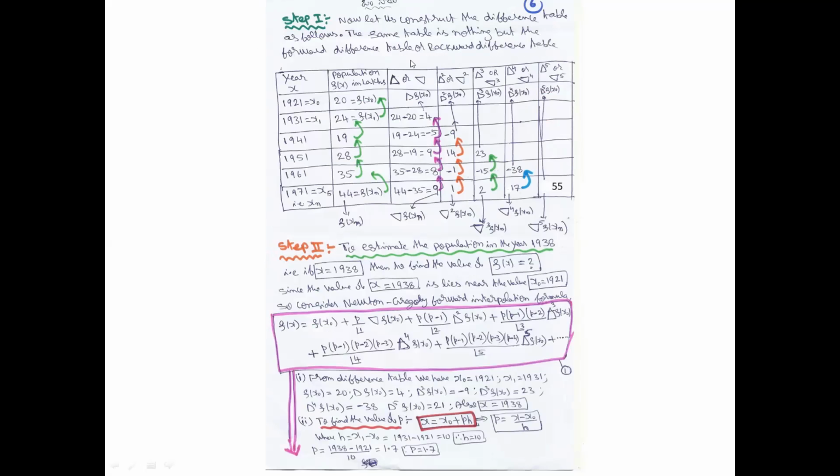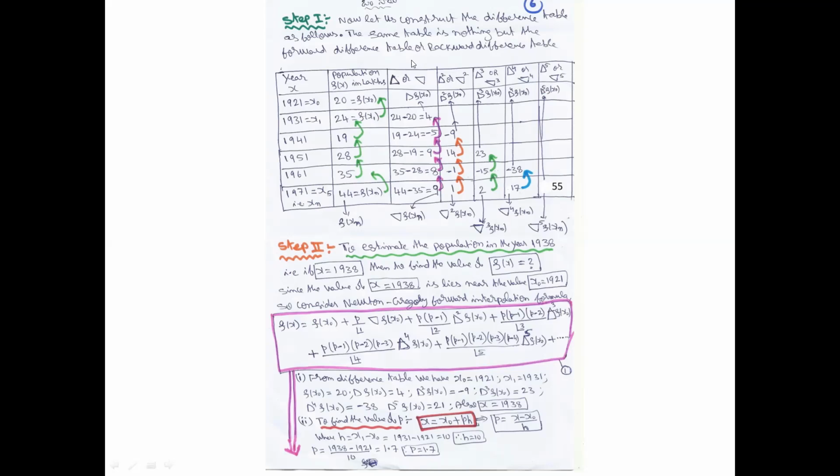We know differentiation. In case of differentiation, the differential operator is d by dx. We know Laplace transform. In case of Laplace transform, the operator is capital L. In case of inverse Laplace transform, the operator is L inverse.